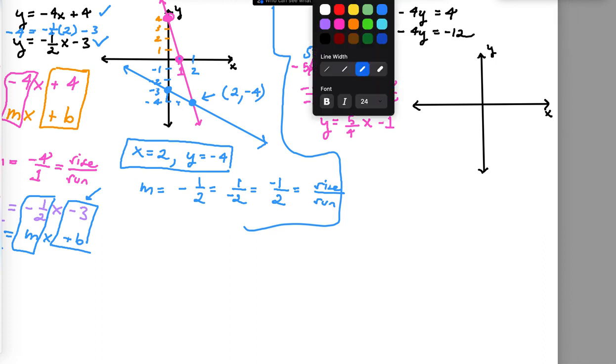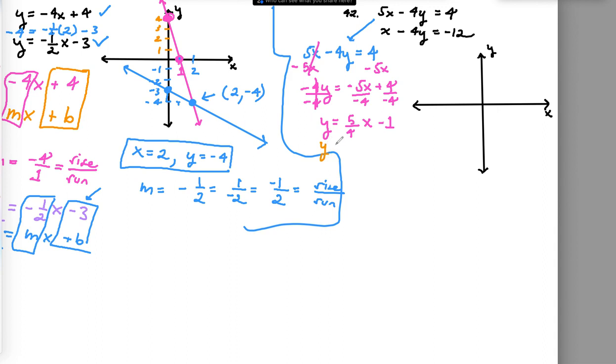Now this is in the form y equals mx plus b. So I locate my y-intercept and my slope. My y-intercept is negative 1. Let's say that's down here. That's my starting point, where it intersects the y-axis. And then my slope is 5/4, rise over run.